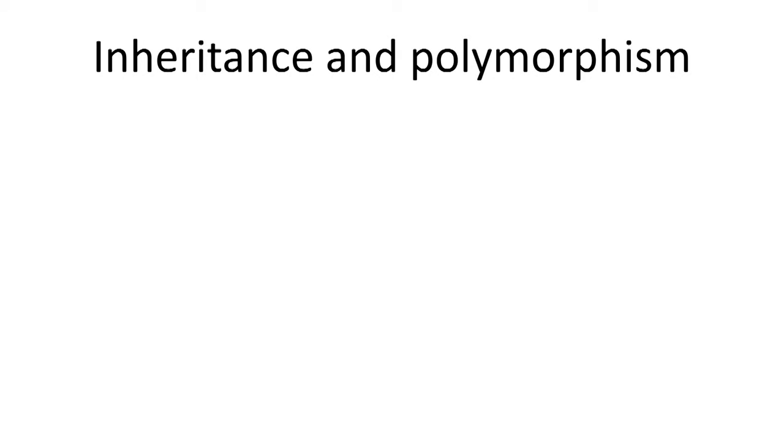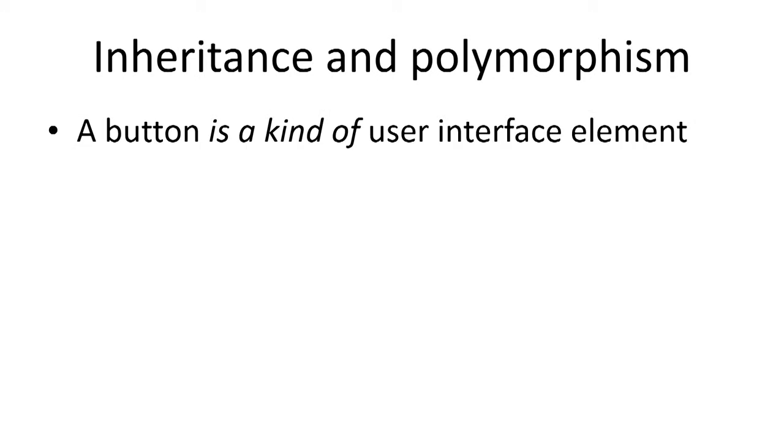And then the third sort of pillar of object-oriented design that I want to talk about today is inheritance and a closely related idea of polymorphism. So the idea of both inheritance and polymorphism is simply, you've got a bunch of user interface elements, right? Maybe you've got buttons and text boxes and labels and date pickers and all of these things. They are all kinds of user interface elements.